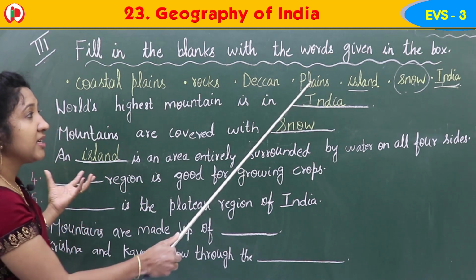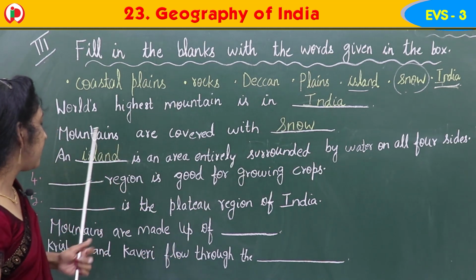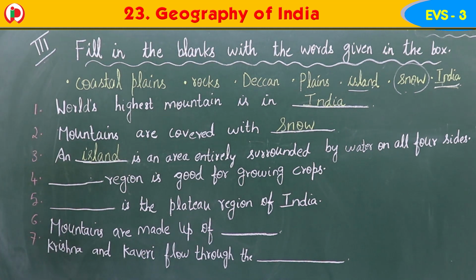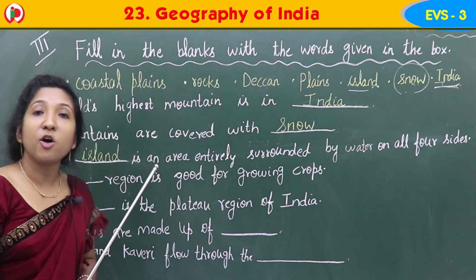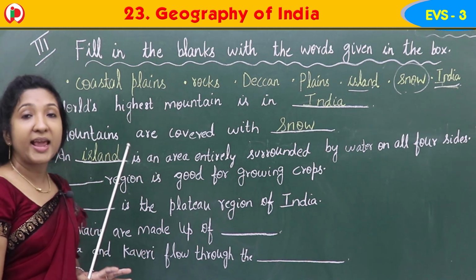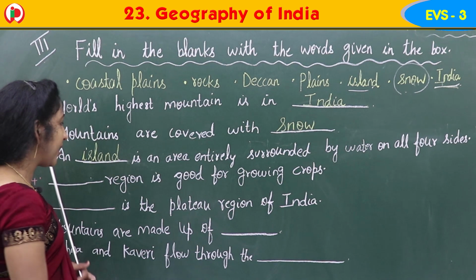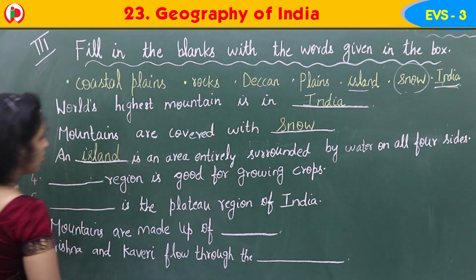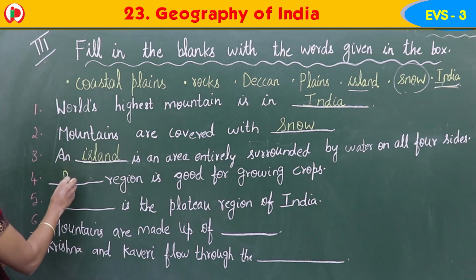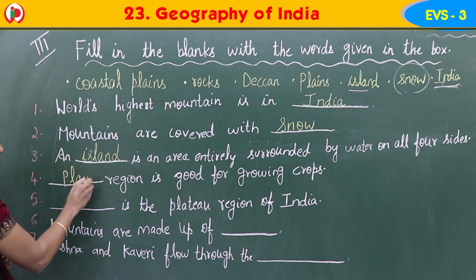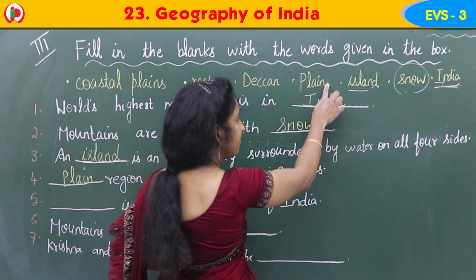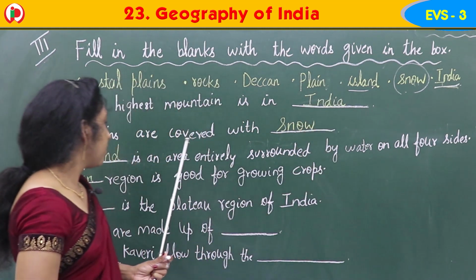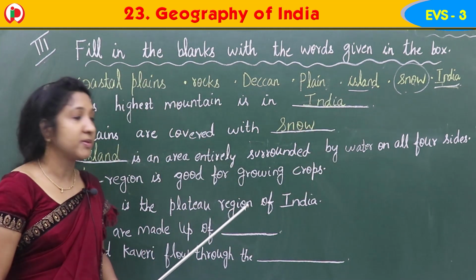It is plains. Plain region is good for growing crops. P-L-A-I-N, plain region. Plains or plain region, we say plain region is good for growing crops.